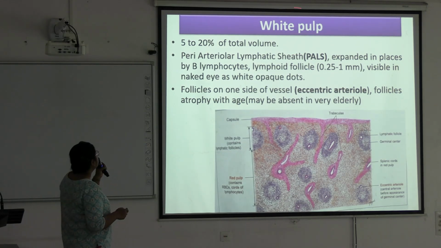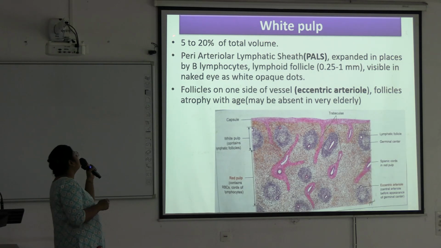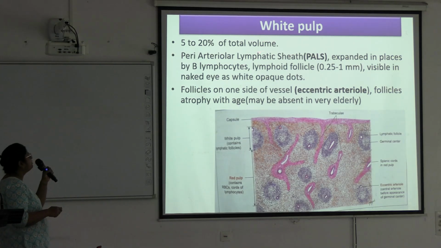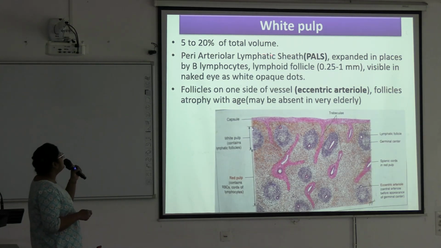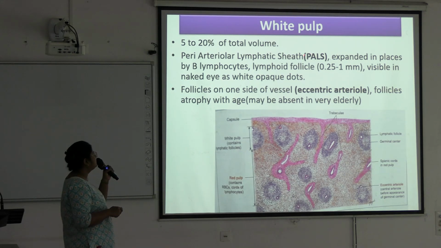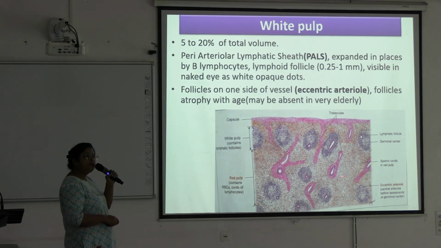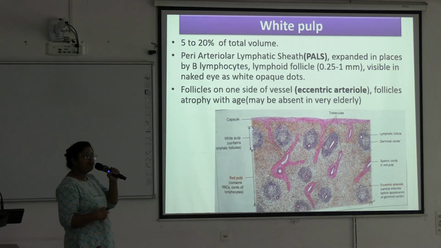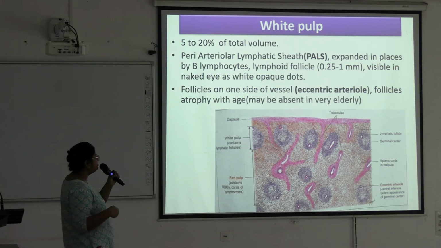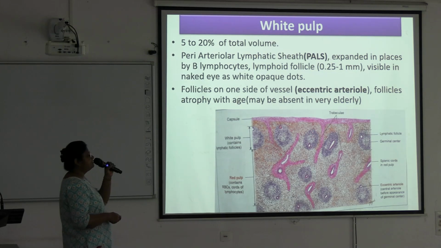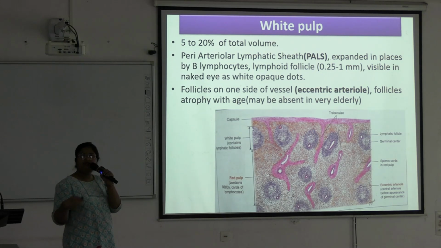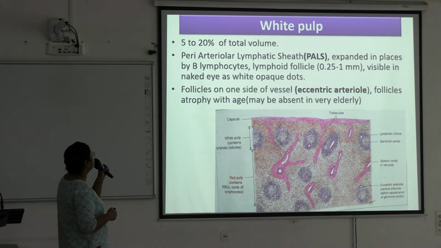White pulp consists of 5 to 20% of total volume, and there are periarteriolar lymphatic sheaths. These are formed around the central arteriole. The central arteriole is present in an eccentric position, which means it is not at the center, but away from the center, towards the margin.